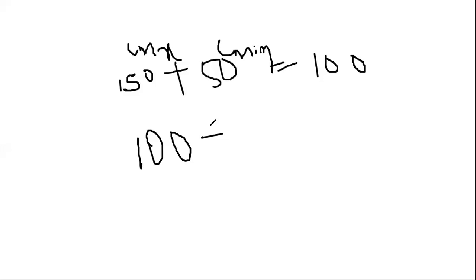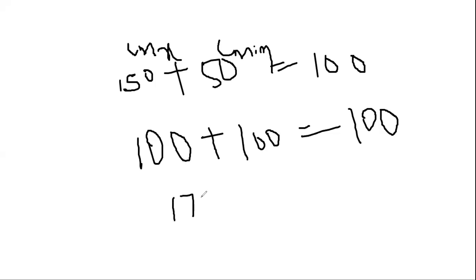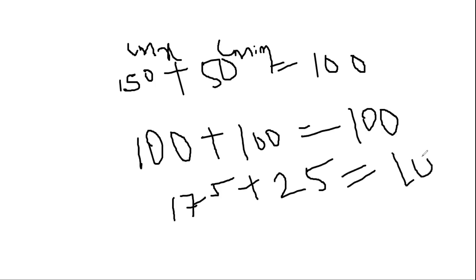Yes, sir. So there can be many combinations. You have to know that there can be 175 plus 25 also, isn't it? Still the average is going to be 100. So this 100 is the C average that we want. And these are C minimum and C maximum.